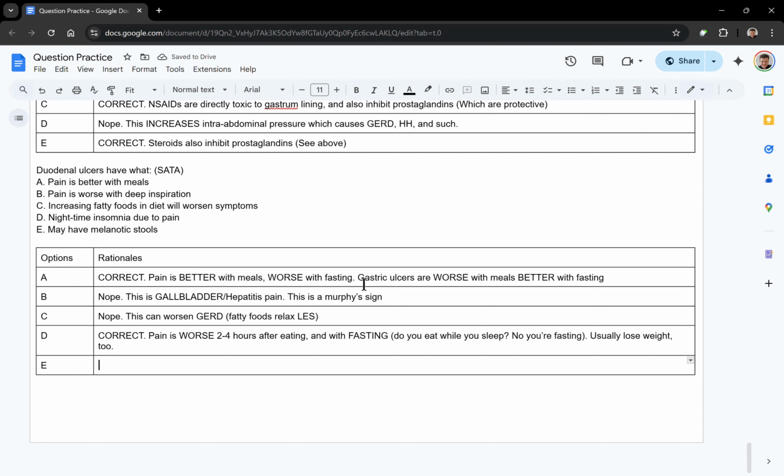E, may have melanotic stools. That's correct or incorrect? Correct. Why? We're past the pylorus, right? It's hard to go backwards, right? So it's usually melena.